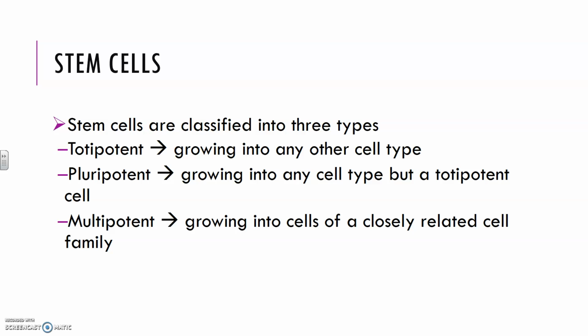And then you also have multipotent. So multipotent will actually grow into cells of closely related cell types. So say you have a multipotent blood stem cell, it could then differentiate into a white blood cell, platelet, red blood cell, various things like that.